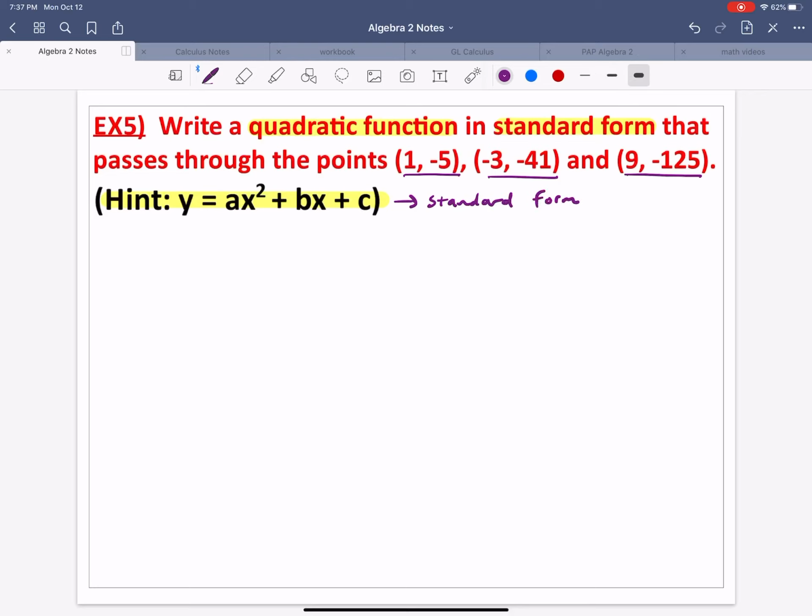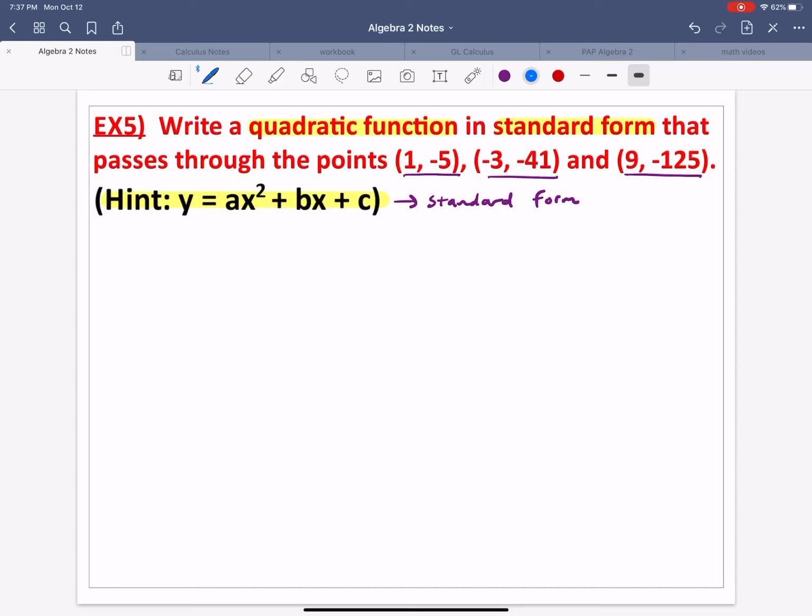Okay? So our dilemma here is we've got to figure out a way to write this in standard form, but we're given 3 points that will be on this curve. So when x is 1, y equals -5. So if we take this point and we plug that into the equation here, let's see what we have.